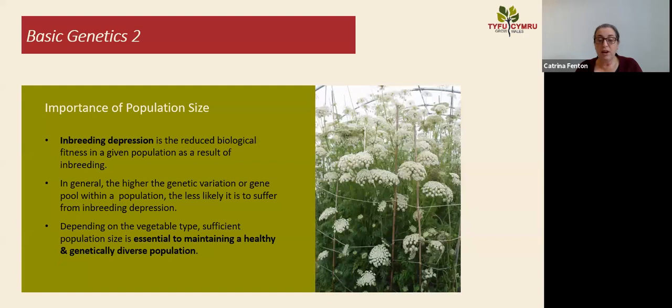So inbreeding depression, that's that reduced biological fitness in a given population as a result of inbreeding within a very small population size. Biological fitness refers to that organism's ability to survive, to perpetuate its genetic material, and inbreeding depression is often the result of a population bottleneck, effectively.